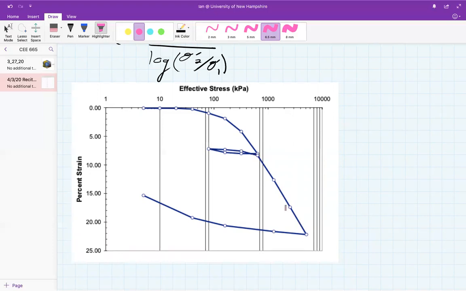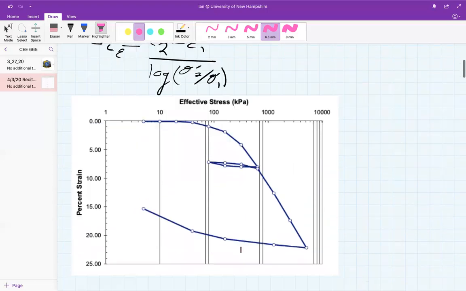So essentially here is that we are stretching it past its knowledge. And then here is where we're going to get closer to the end of the test as we unload the clay. So this comes into question of, how are we going to find these points from this graph?